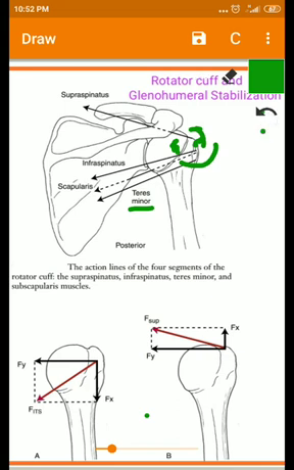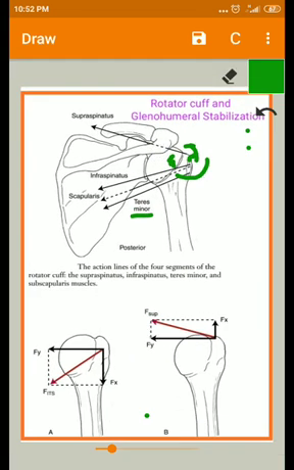Okay, this is the other function of these two muscles of the rotator cuff.